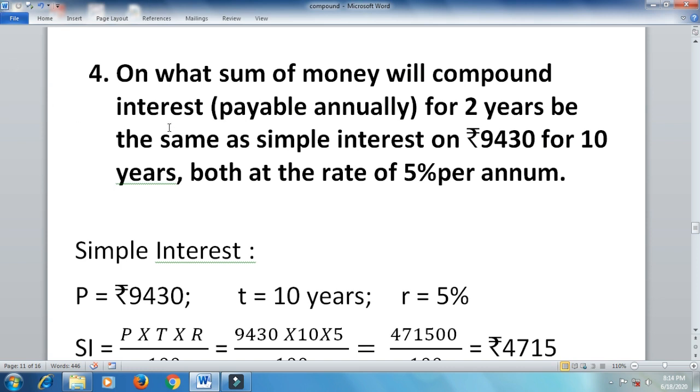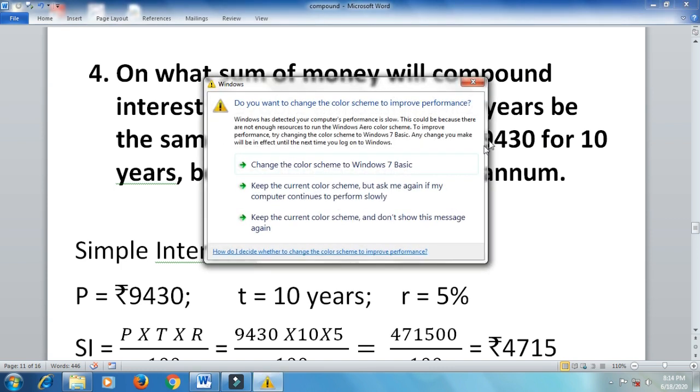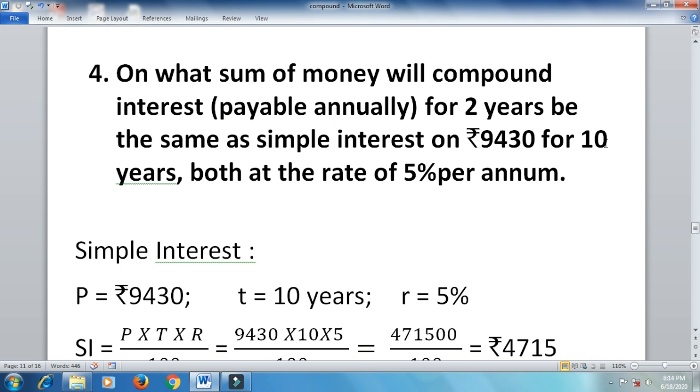In the first case, a certain sum of money is invested, that means P is not given, and it is invested for 2 years, the rate being 5%. The compound interest obtained on this sum at 5% per annum for 2 years is the same as the simple interest obtained on the principal amount 9,430 for 10 years, at the same rate of 5%.